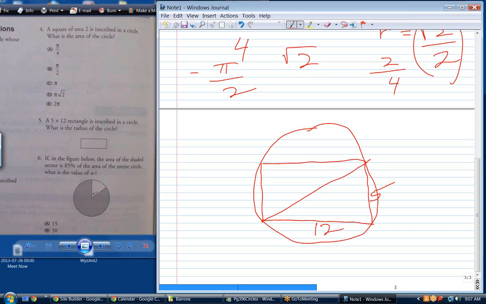In other words, whenever you inscribe squares or rectangles in circles, the diagonal is always the diameter. And in this case, the diameter would be 13. So the radius of the circle would be 13 divided by 2. Now the question is, I guess they would allow 6.5 or 13/2. I'm sure they would.